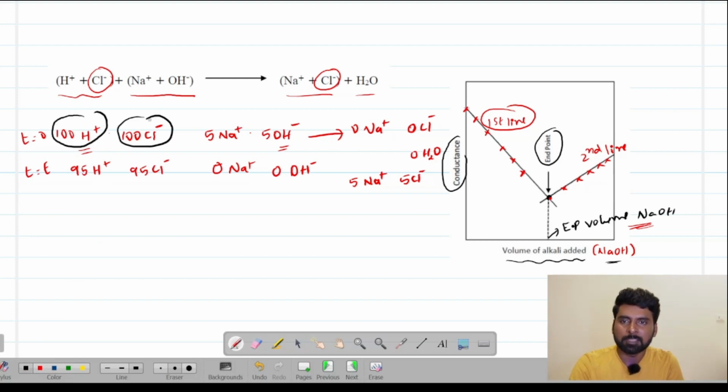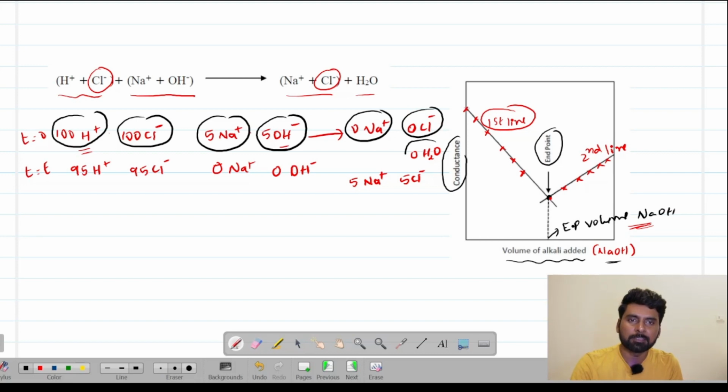Clearly I am writing 100 H plus, 100 Cl minus, 5 Na plus, 5 OH minus. They are participating in the reaction. Before the reaction, 0 Na plus, 0 Cl minus, 0 H2O, for our convenience. Once the reaction is over, 5 H plus have reacted. Because 5 H plus react with 5 OH minus, 5 H2O will be formed.